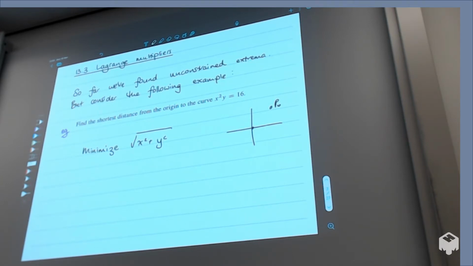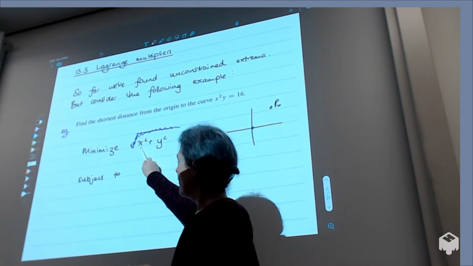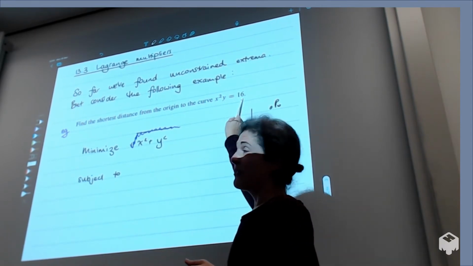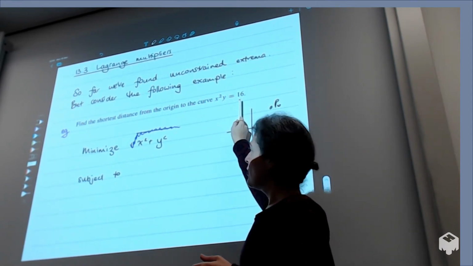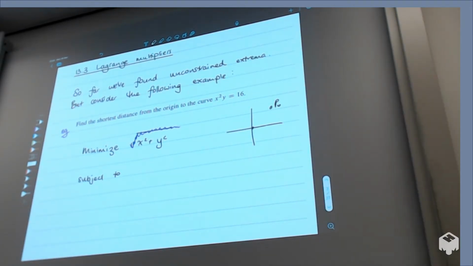So we're just going to leave out the root for the moment to make our life simple. But then, what do we have to do? Well, we have to say, this is subject to, and our constraint says we can't just take any x and y. There have to be an x and y that satisfy this equation over here. So subject to x squared y is equal to 16.